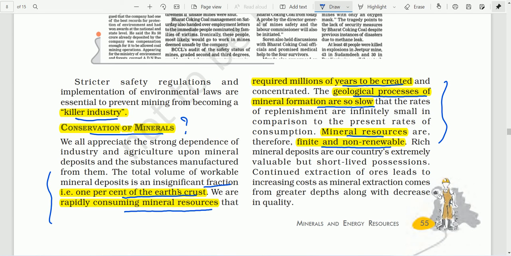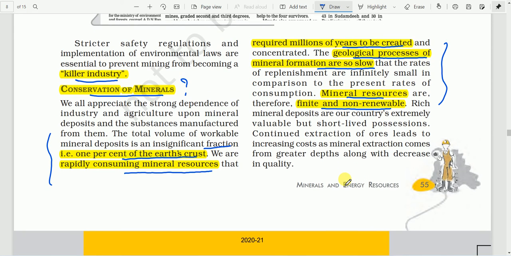Mineral resources are limited and cannot be renewed, meaning they cannot come back, just like water resources or forest resources. That is why we need conservation of minerals. We need wise use of minerals, because mineral resources are limited and non-renewable, and the process of formation is very, very slow.